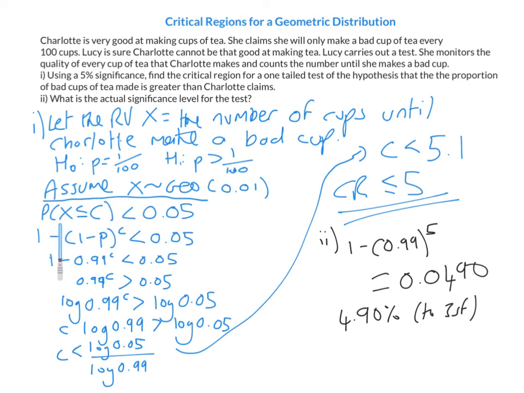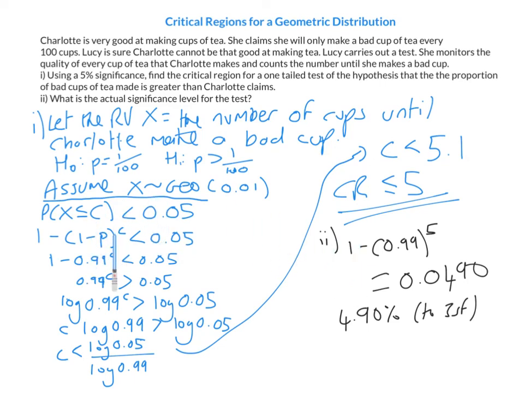And then we know the probability that x is less than or equal to some critical value has got to be less than 5% or 0.05. And then we solve this inequality. We're very careful about our inequality sign. And we eventually use logs. And we find the critical region is less than or equal to 5.